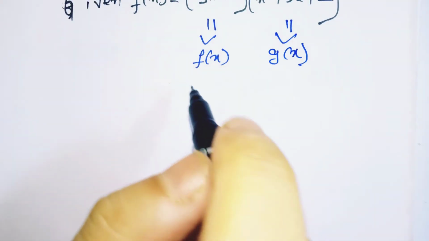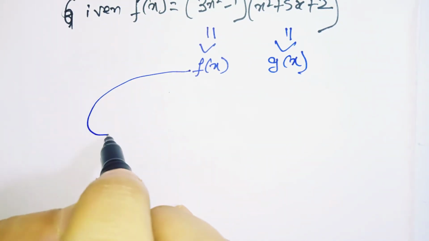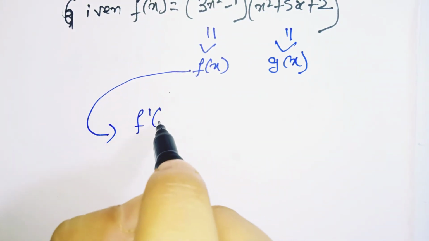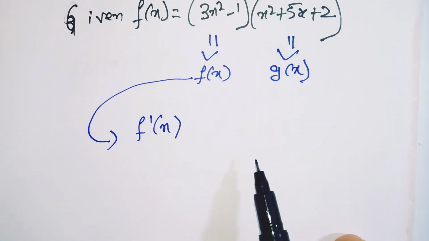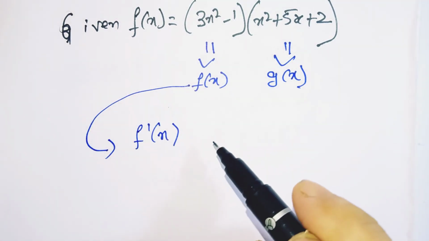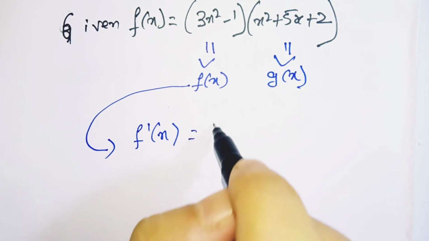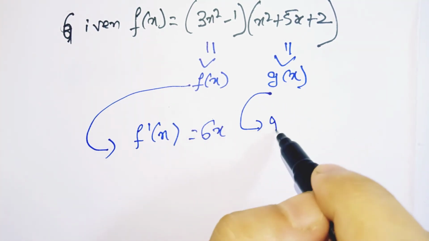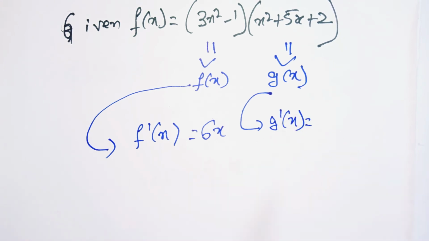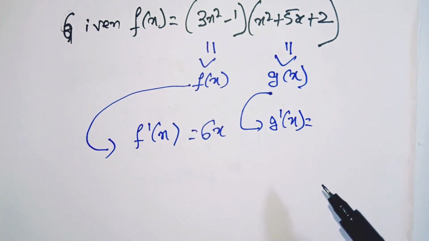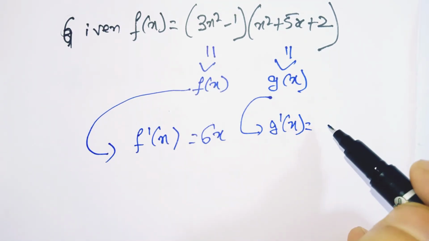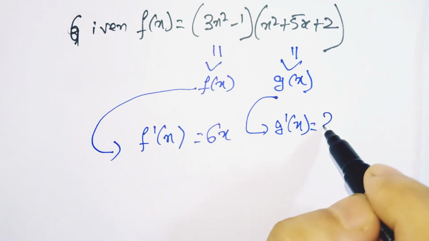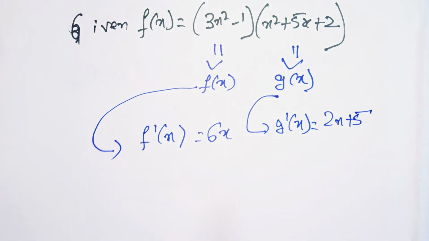So from here we are going to find the f prime of x, which would be, I'm not going through the steps, you can check it later, 6x. And from here, if I calculate the g prime of x, this constant goes away, so 2x plus 5, right?